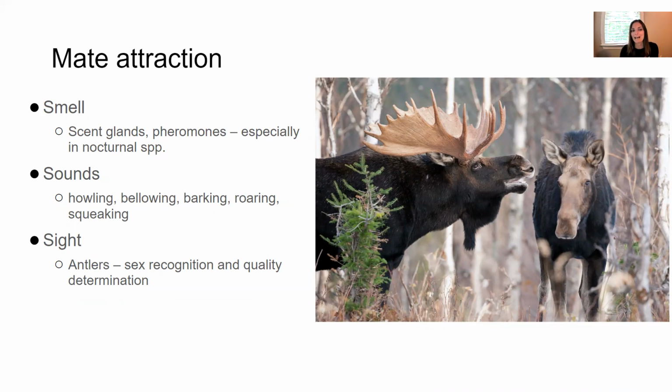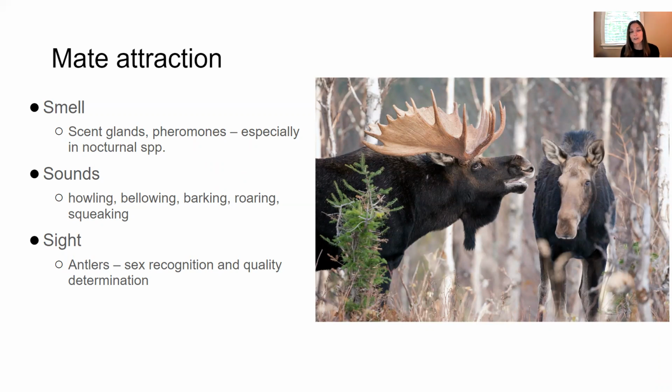So whether it's howling, bellowing, elk bugling, barking, roaring, squeaking, different sounds can either attract mates or establish a territory. So when elk bugle, it's to establish their territory. So just the males bugle to tell other males, don't enter my territory. This area here is for me to be mating in.